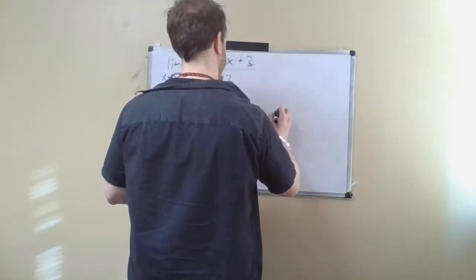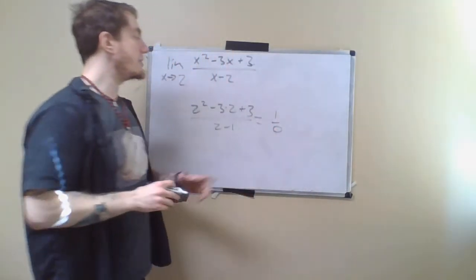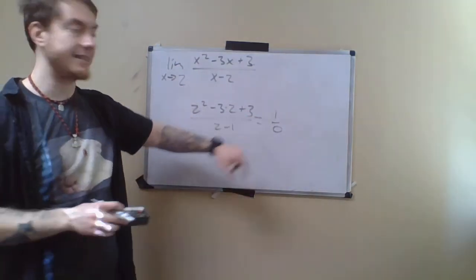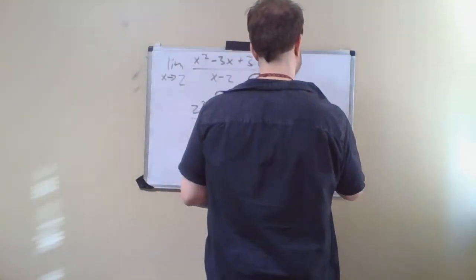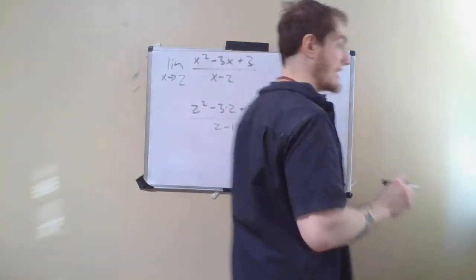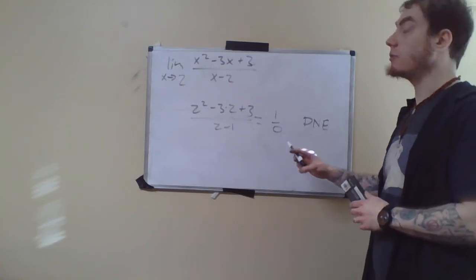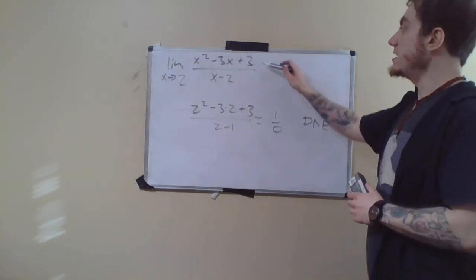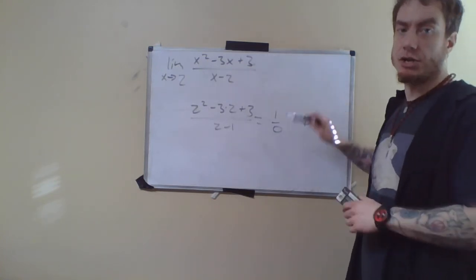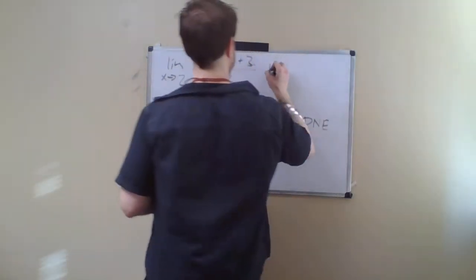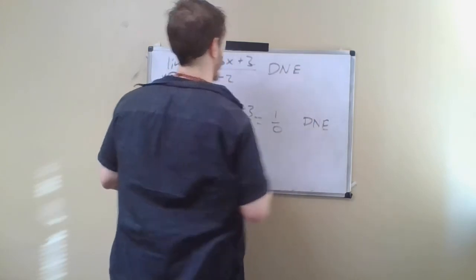This would have come out to be 1 over 0. When the numerator is not evaluating to 0 and the denominator is, then this limit does not exist. The only way the limit can still exist if the denominator is 0 is if the limit of the numerator is 0 as well. So in that case, we would just be done, and this original limit does not exist.